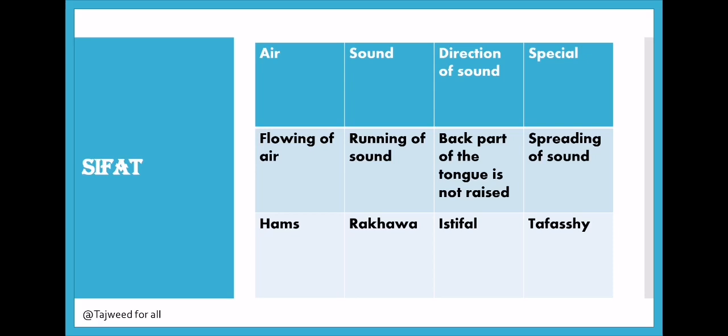Sha, sh. For the correction of the letter jim, I usually tell to correct your sheen first. The sheen I feel is easier than the letter jim or the ya. First you correct the letter sheen and then you will understand the makhraj for the letter jim and the ya. Then you can correct those also. Because in most languages we have these three sounds: the j, the y, and the sh.